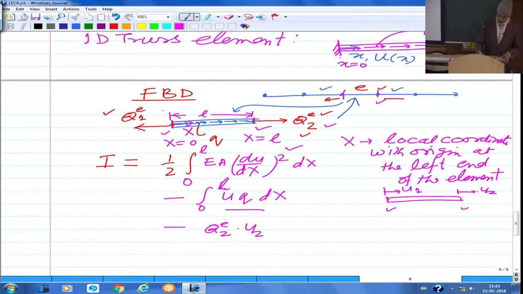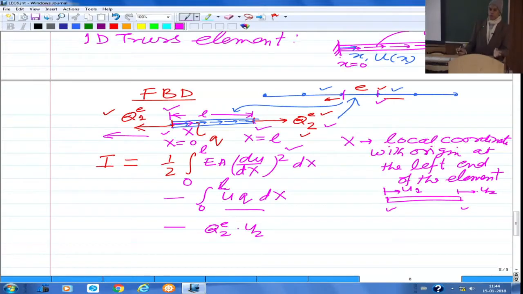If you look at this particular node, the force is in this direction, whereas the positive convention for the displacement we are taking is in the same direction. See, the sign convention for the forces is governed by the outward normal to the cross section, whereas the displacements are taken positive along whatever coordinate direction you choose. So if they are along the coordinate direction, they are positive.